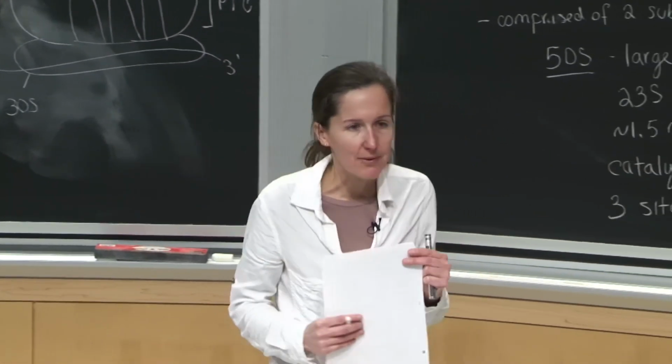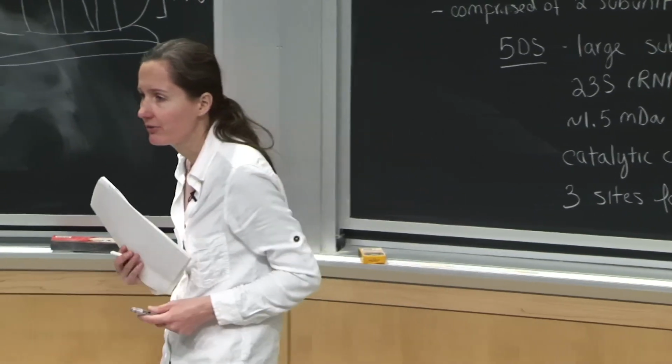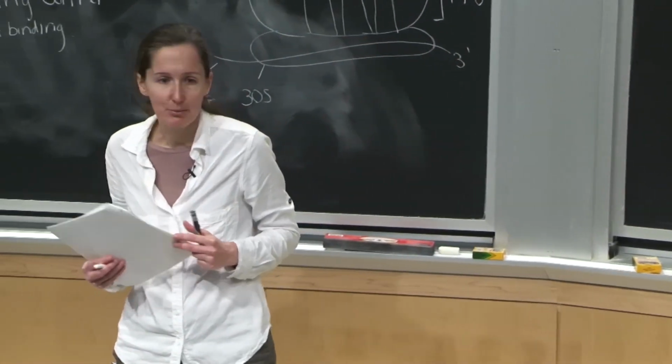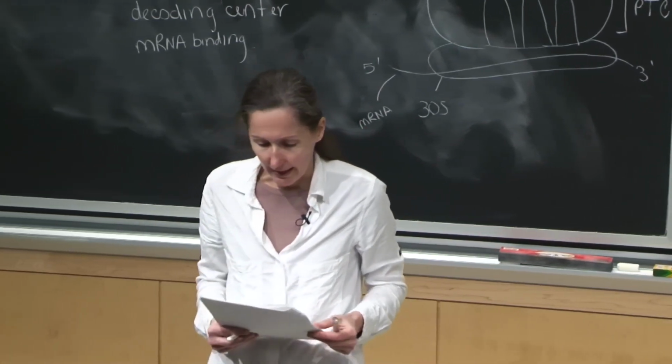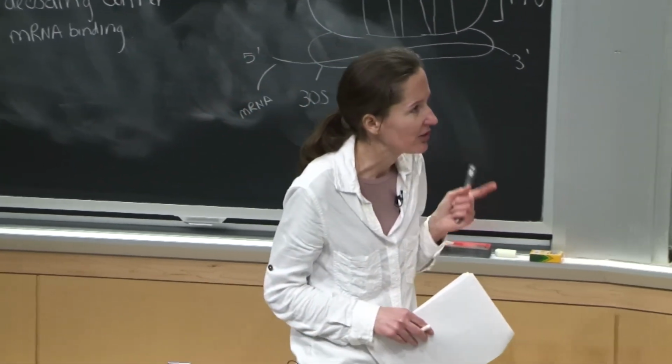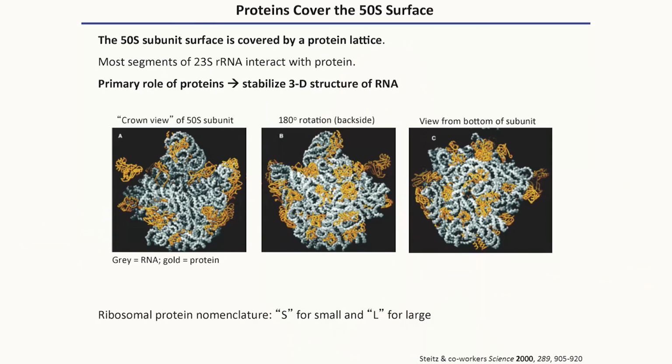And so this is something many of us may take for granted right now, but it was a big surprise to see this here. And to the best of my knowledge, the ribosome is the only natural ribozyme that has a polymerase activity. Many of these natural ribozymes are involved in RNA maturation.